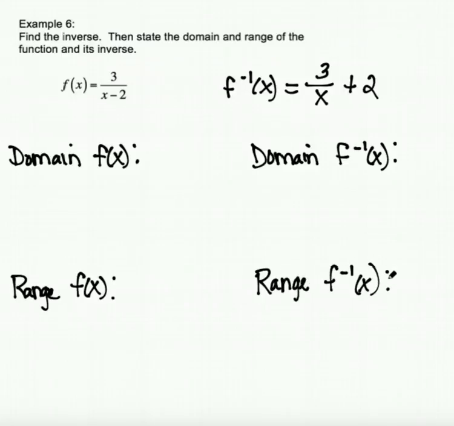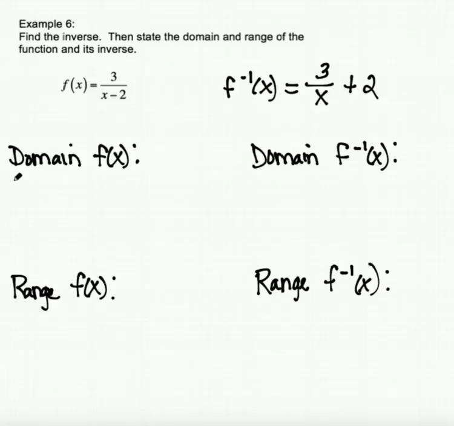Let's start with domain. Okay, when I look at my original function right here, my original function is f of x equals 3 divided by x minus 2. When I look at that, I say, do I have any restrictions? Remember, I have to look at denominators and radicals. Well, I don't have a radical, so the only thing I have to deal with is this x minus 2 in the denominator.